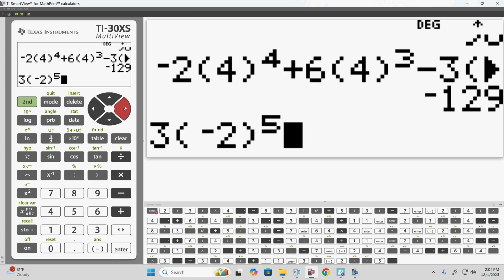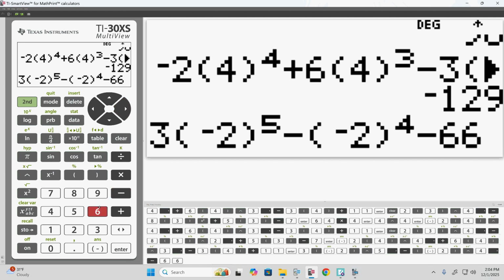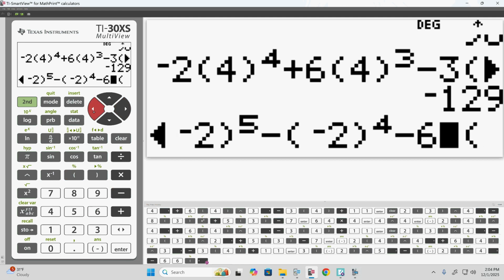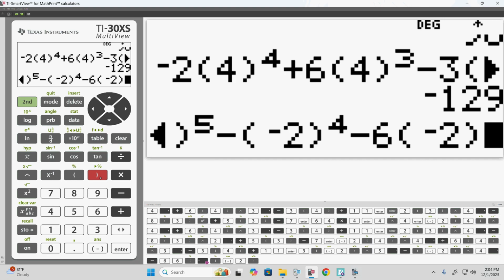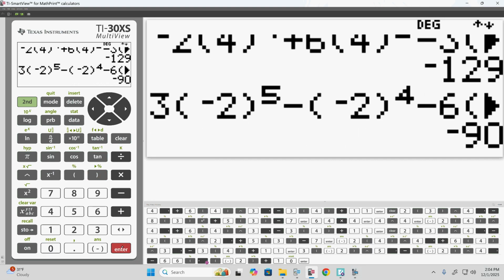-2 to the fifth, minus negative 2 to the fourth, minus 6 times negative 2. Make sure that you didn't put everything into the exponent.